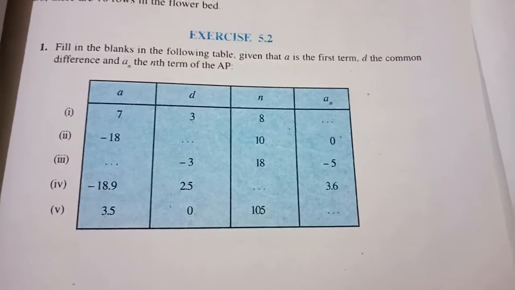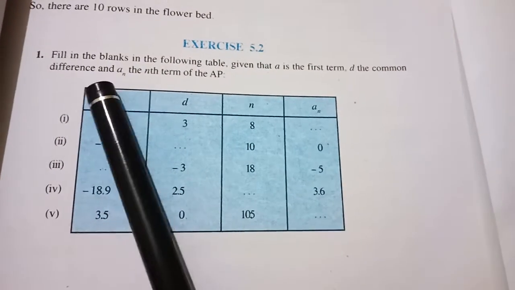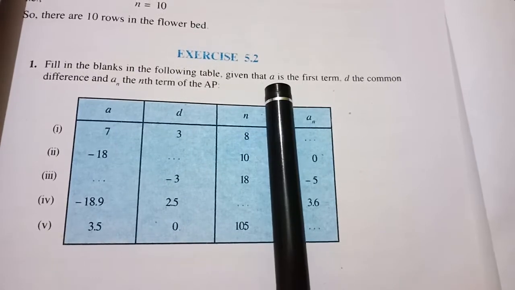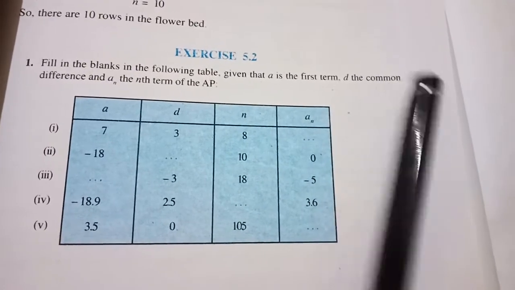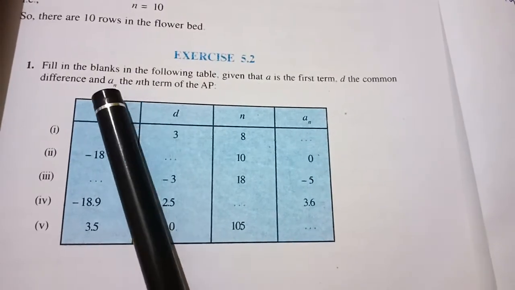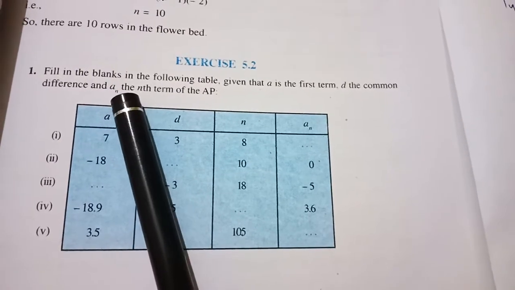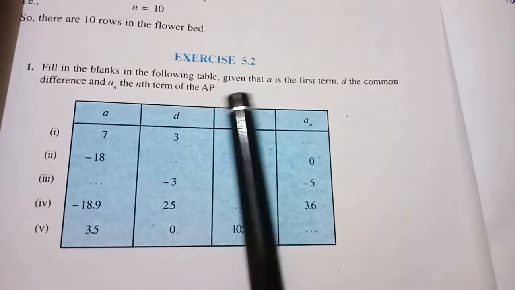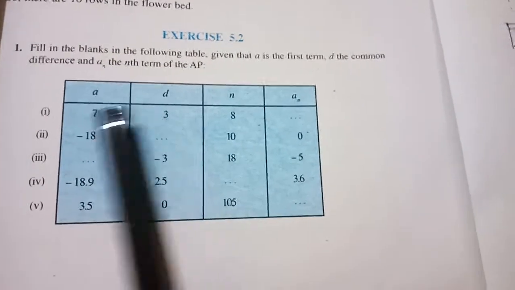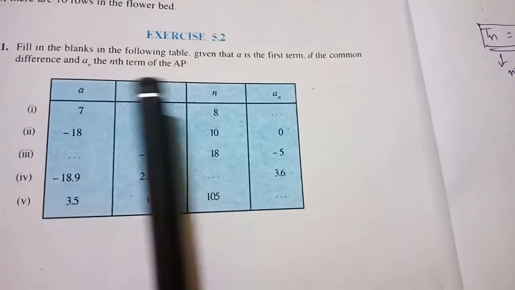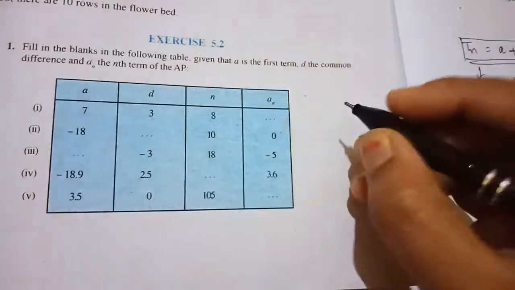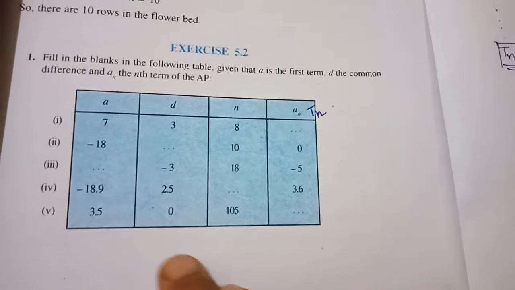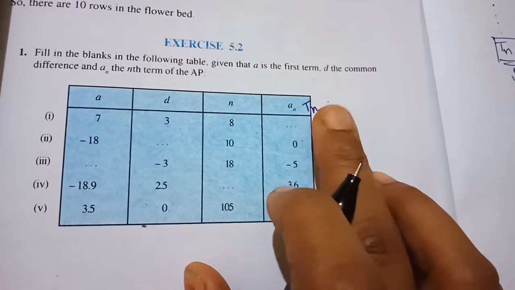Now look at this table. For question number 1, the question statement says to fill in the blanks in the following table, given that A is the first term, D is the common difference, and an means the nth term. I will be using Tn instead of an, the nth term of the AP or the general term of the AP, throughout the chapter, so that you will also be used to it.